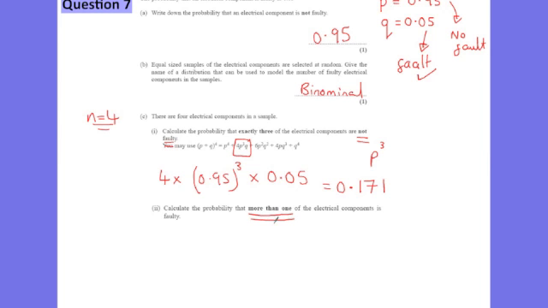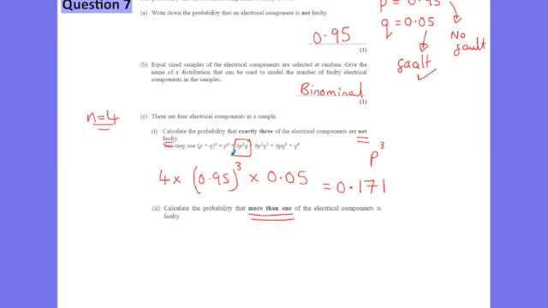We're then asked to calculate the probability that more than one of the electrical components is faulty. More than one is faulty. So let's take a look at our binomial expansion here. The first part, p to the power 4, means that all 4 have no fault. So not this one.